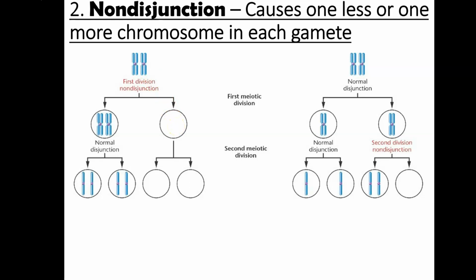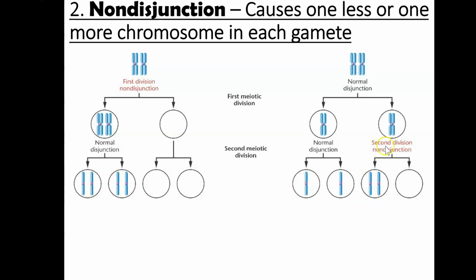In non-disjunction, both of those chromosomes go into one cell instead of two. Then those will be divided, and instead of having single chromosomes in 4 cells, you have two chromosomes in 2 of the cells.